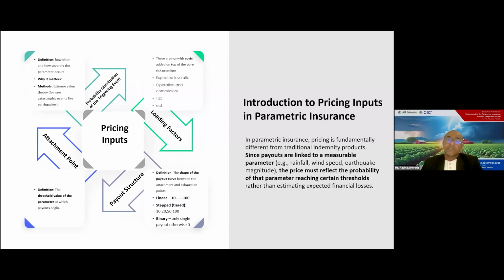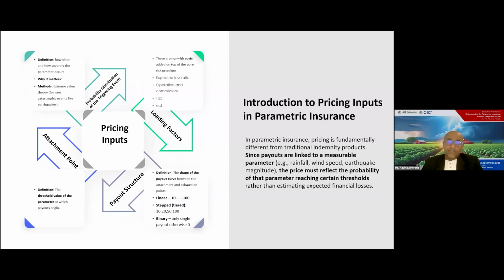One is the expected loss ratio. Some insurers expect a 70% loss ratio, in some insurers it's 60, but we have to be very precise on the applied expected loss ratio, and operation and commissions, and also taxes as loading factors, right?